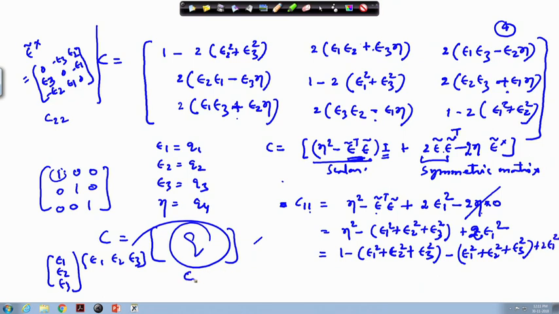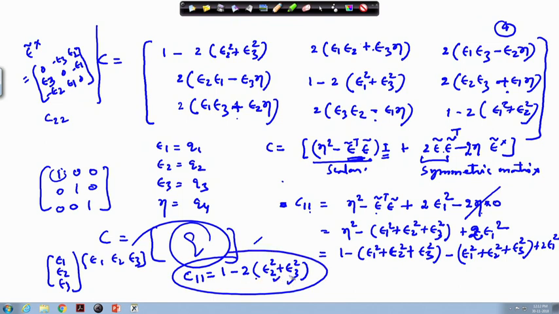So, C 1 1 then gets reduced to 1 minus 2 times this quantity, and 2 epsilon 1 is there. So, 2 epsilon 1 will get lost, and we get only these 2 terms. So, C 1 1 is 1 minus 2 epsilon 2 square plus epsilon 3 square, which is what is present here.